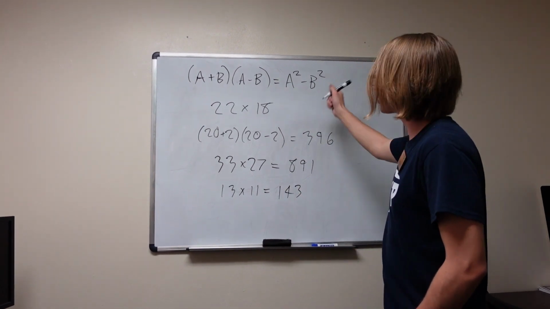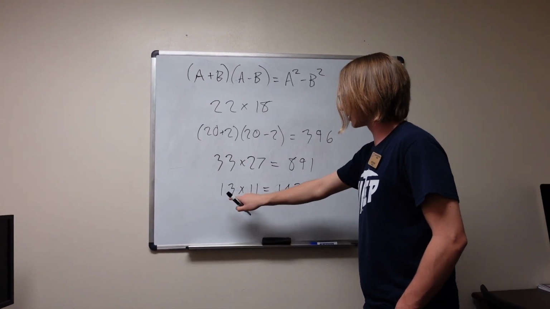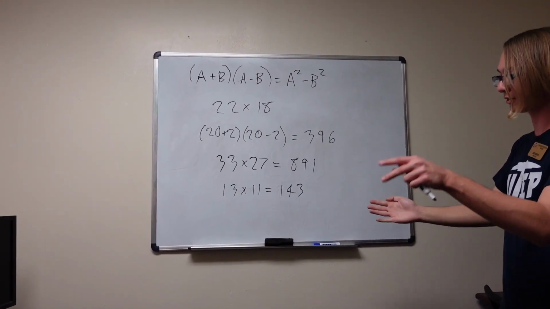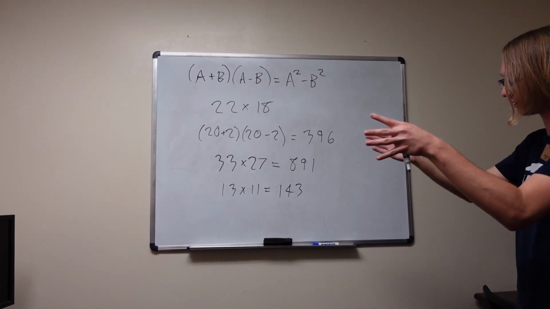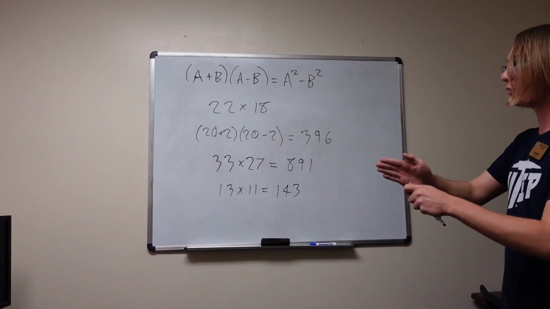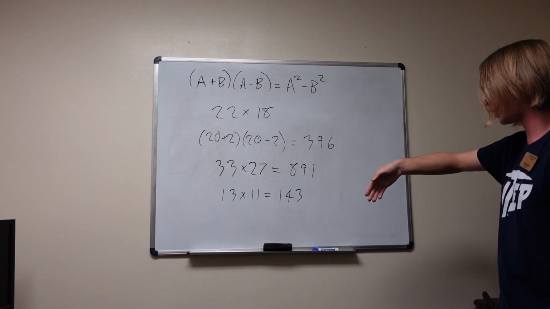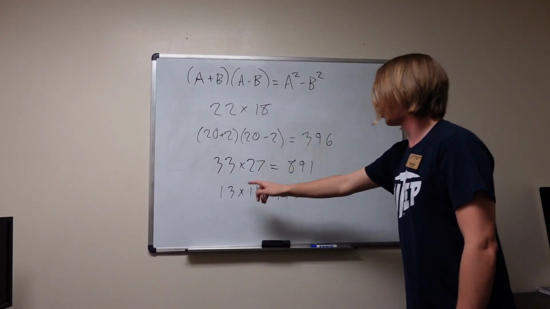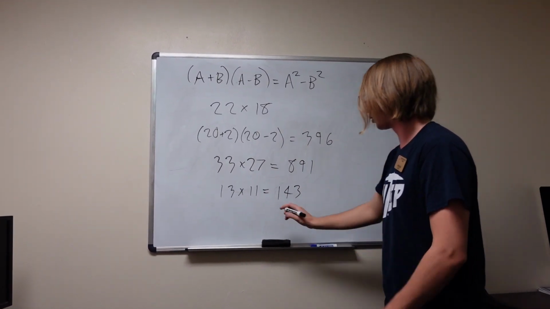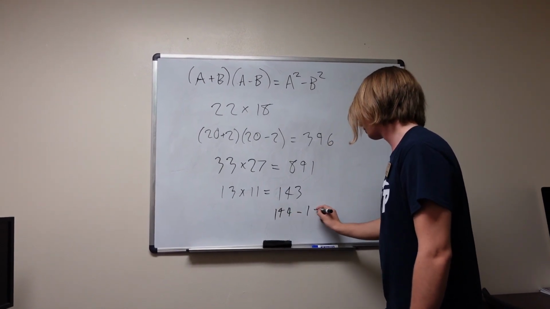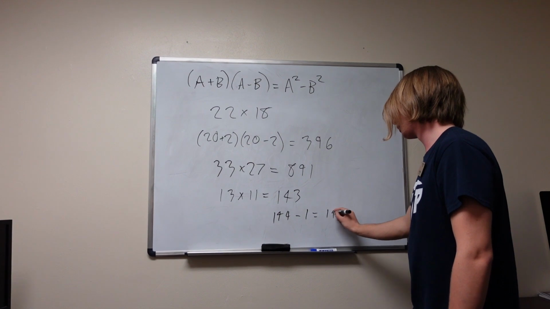But if you're using this trick, since they're both equal in distance from 12, in other words, the midway point is 12, and they're one unit away from 12, then we get 12 squared, which is 144, minus 1 squared, which is 1. So that'd give you 143.